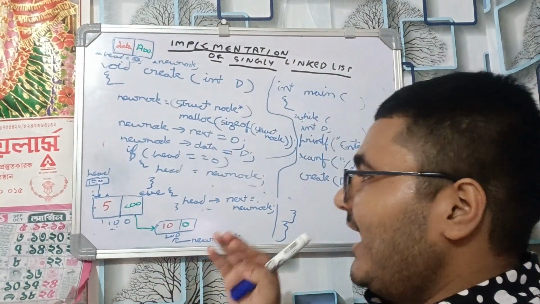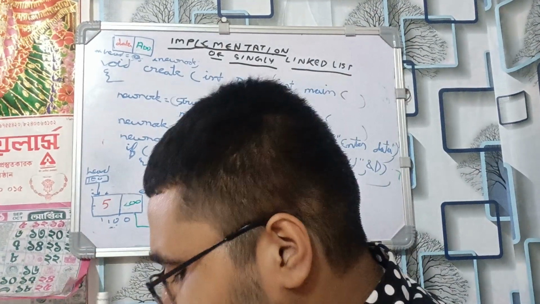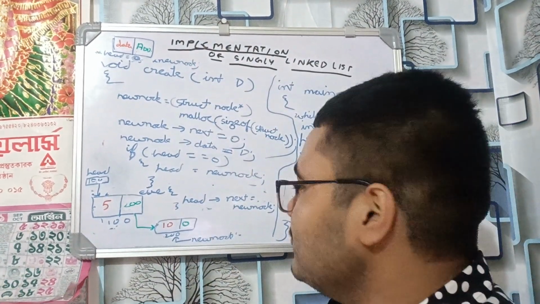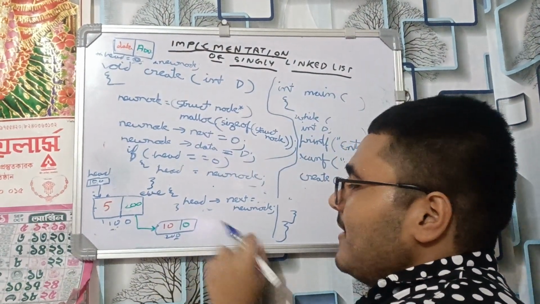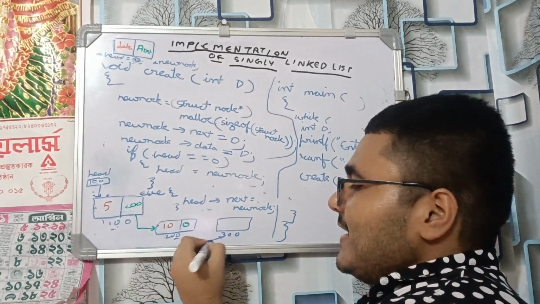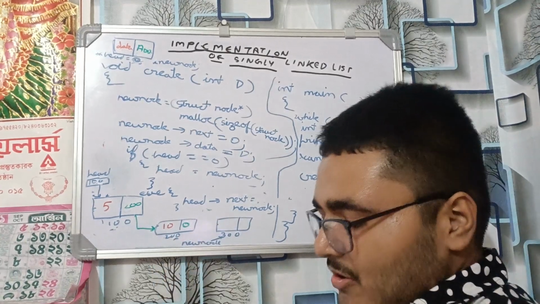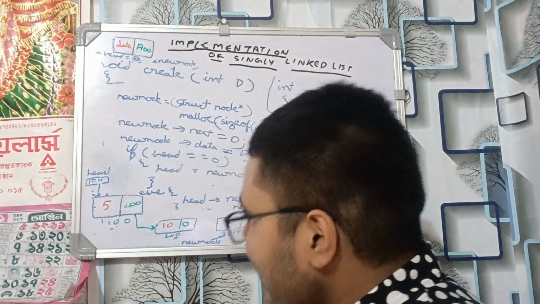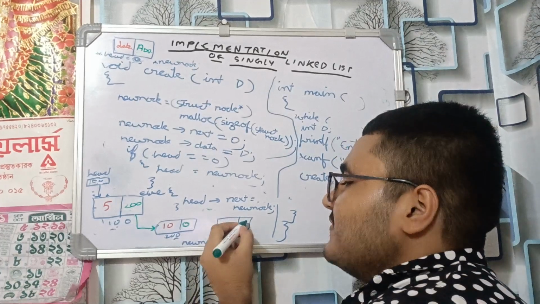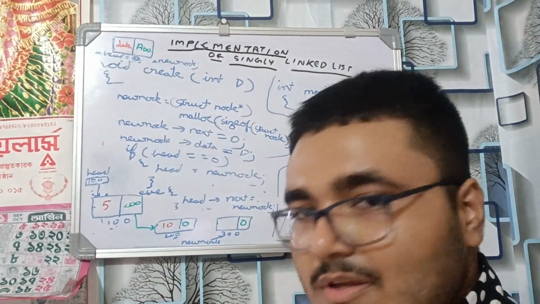Now say suppose once again this loop has been run, and the user gives a third data, 300. This is where my new node is pointing now, with the next value as 0. Right?